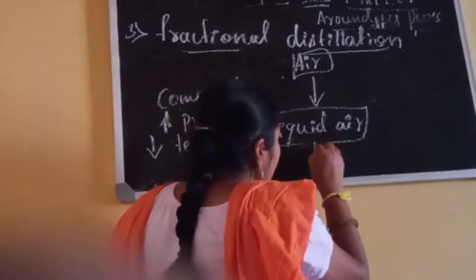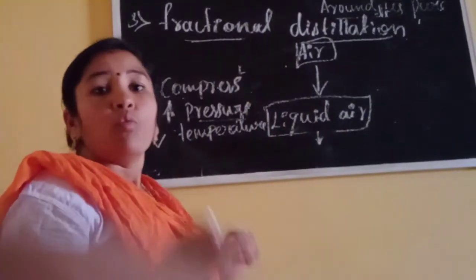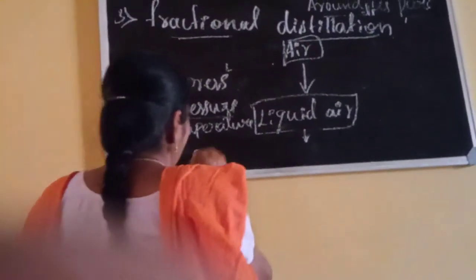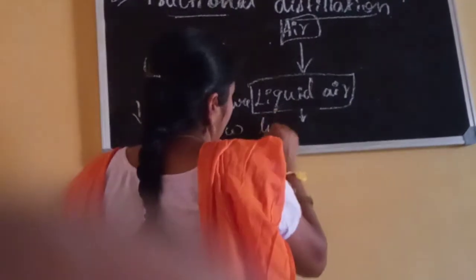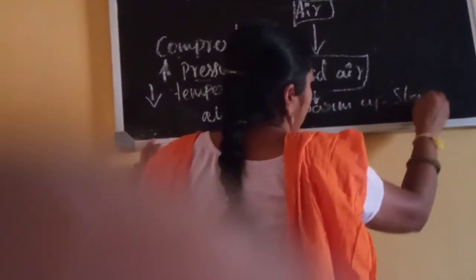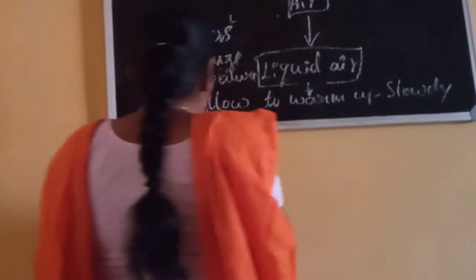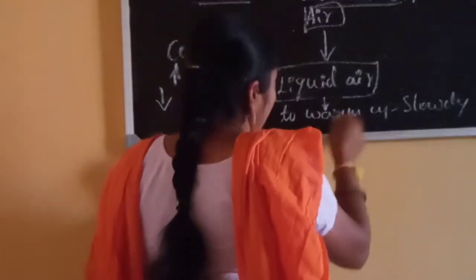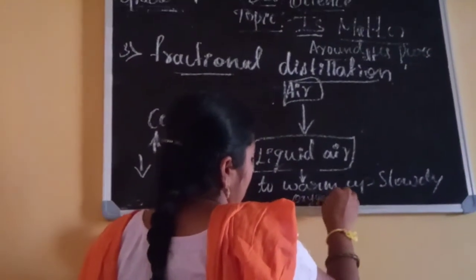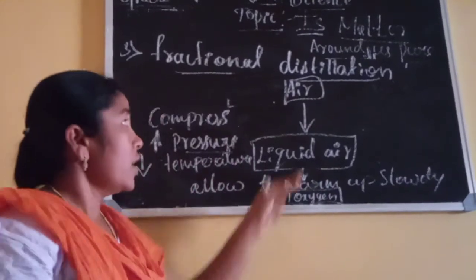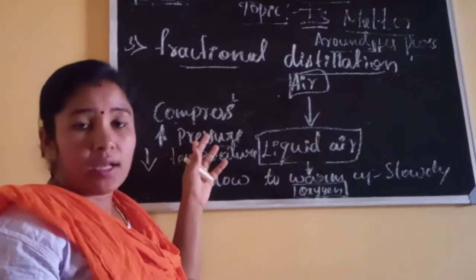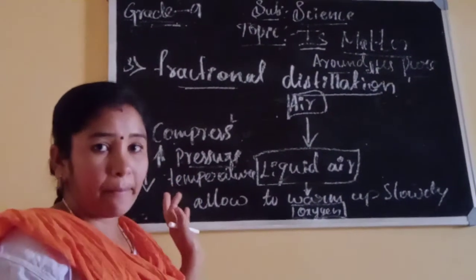Then this liquid air you have to allow to warm up slowly in the distillation flask. At that time you can separate the oxygen. See, first the air you compress with more pressure, then cool by decreasing the temperature.